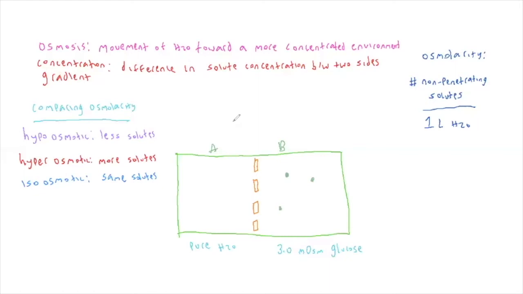The question for you is to list the osmolarity of each of these sides. Is side A hyperosmotic? Is side B hypoosmotic? Are both these sides isoosmotic? So let's go ahead and put down in the answer, A is whatever osmolarity you think it is, B is whatever osmolarity you think it is. Go ahead and pause this and then come back.